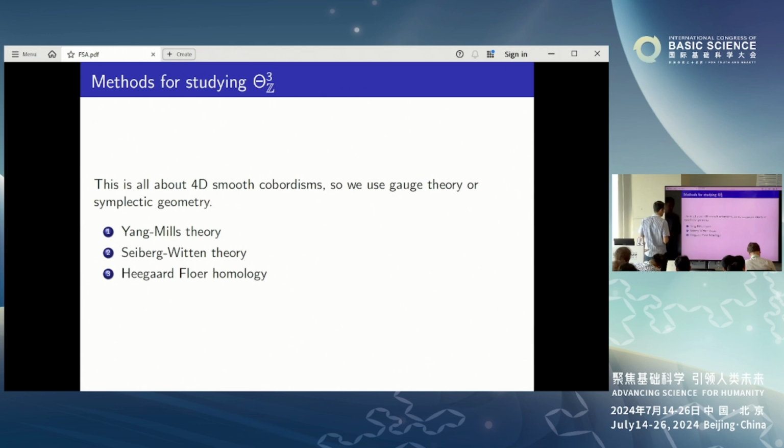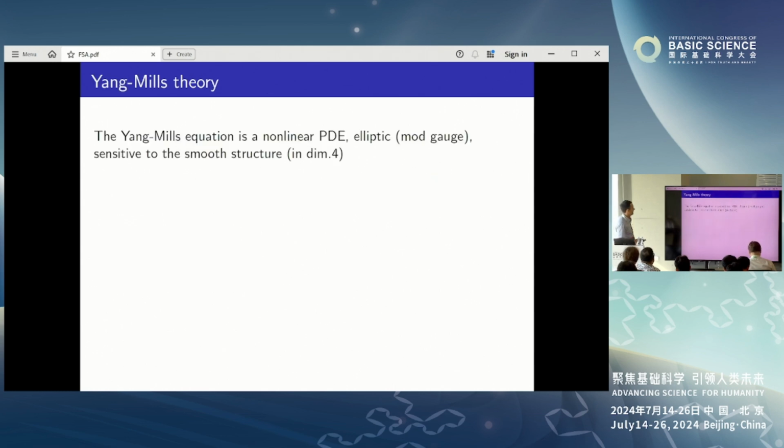So there are 3 major theories that people use in 4-dimensional topology. There's Yang-Mills theory, which was pioneered by Donaldson. There's Seiberg-Witten theory, and there's Heegaard Floer homology. Okay, so the first theory that was used to study, again, it did many other things, but we're going to focus on the homology cobordism group, was Yang-Mills theory.